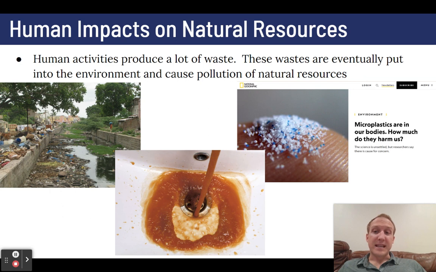So there's so much plastic in the ocean that it keeps breaking down, and fish are now eating the plastic and humans eat fish. So we are eating our own plastic. And so they've actually found microplastics in human bodies, which is not healthy at all and potentially very dangerous, and something that we're going to have to do something about in the next 20 or 30 years.